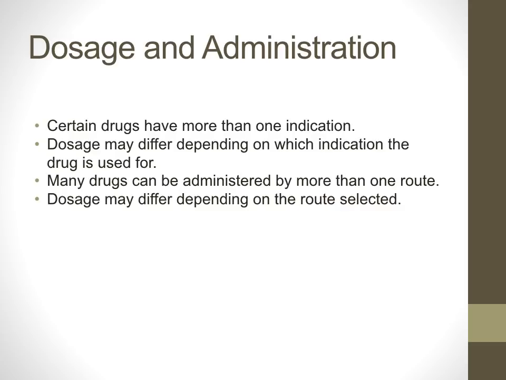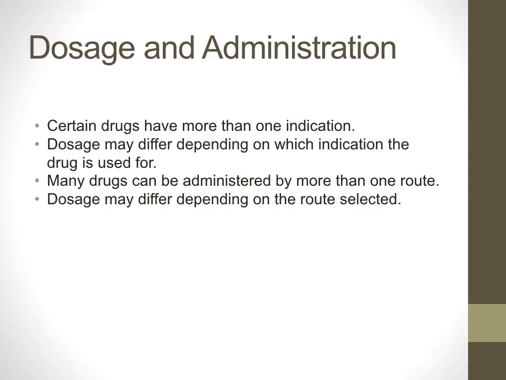Or could they be taking it for a different reason? Physicians often prescribe aspirin for cardioprotective reasons. If that's the case, the dosage may be 81 milligrams a day, or it could be 325 milligrams a day. Look at the reason why your patient's taking that medication.